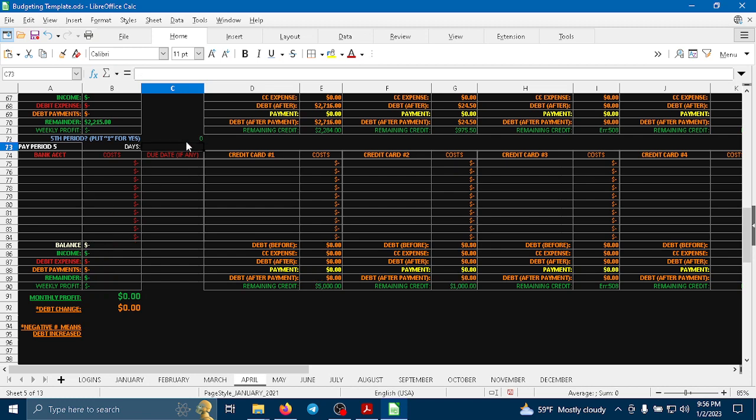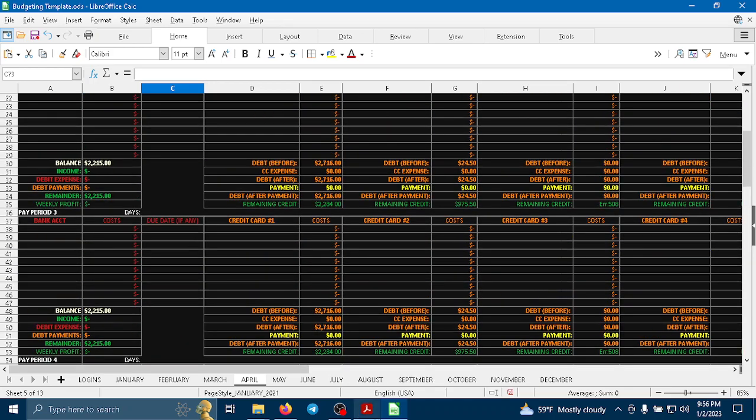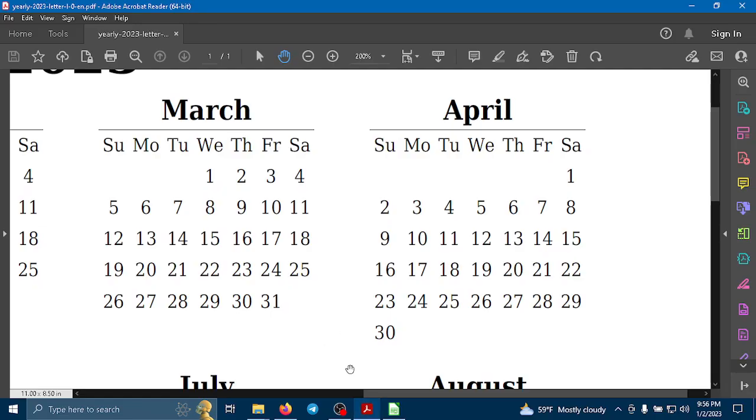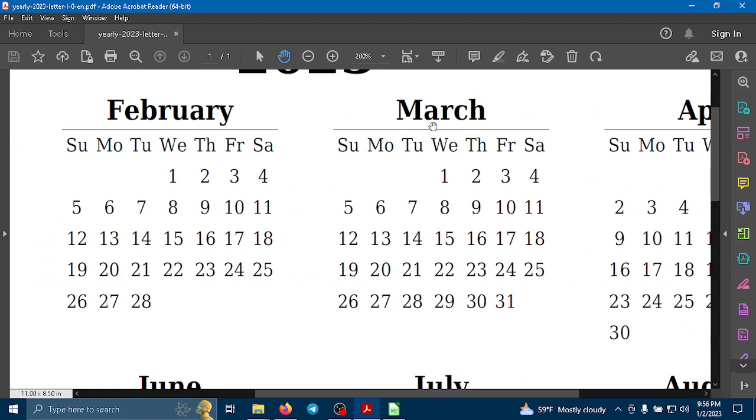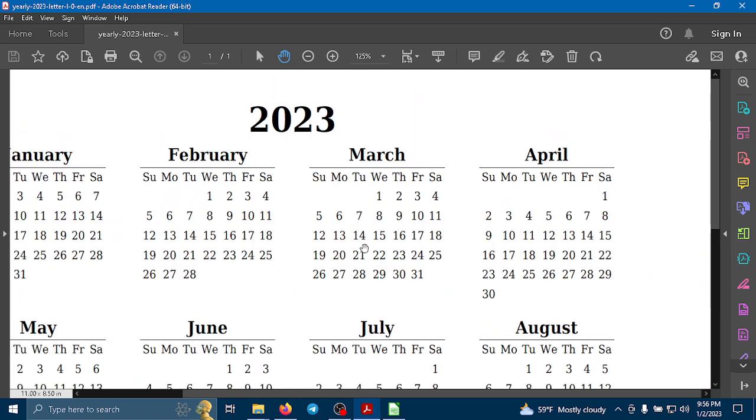Now, this works the same if you're paid bi-weekly. So if you're paid every other Friday, for example, starting the first Friday of March, let's say you have pay period 1 right here, then blank, and then pay period 2, blank, and then pay period 3. So that means March has a total of 3 pay periods.